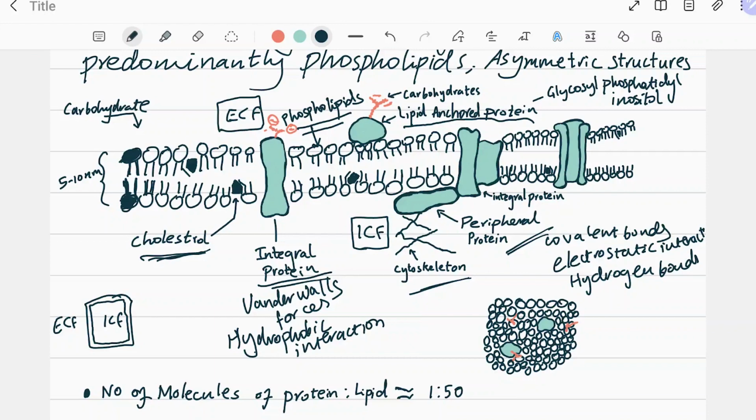Right? And other than that, you should also be aware of, so what is asymmetric structure? So look, for example, the epithelial surface. This is an epithelial cell, can you see? Let's say it's in your kidney. So let's just say that there is an epithelial cell in your proximal convoluted tubule, PCT, of your nephron.